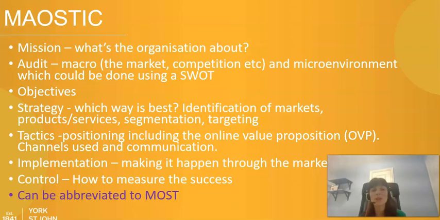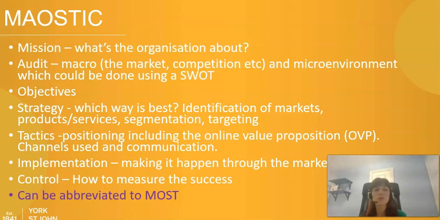And then internally, what are their strengths and weaknesses? Externally, what are the opportunities and threats? So the more we understand about what's going on, we can check back: is the mission still fit for purpose? Because if we're digitally innovating very quickly, we may have to change the mission that we're using.